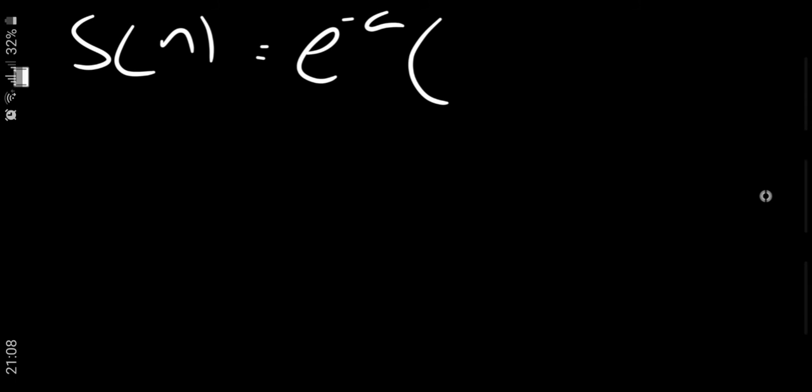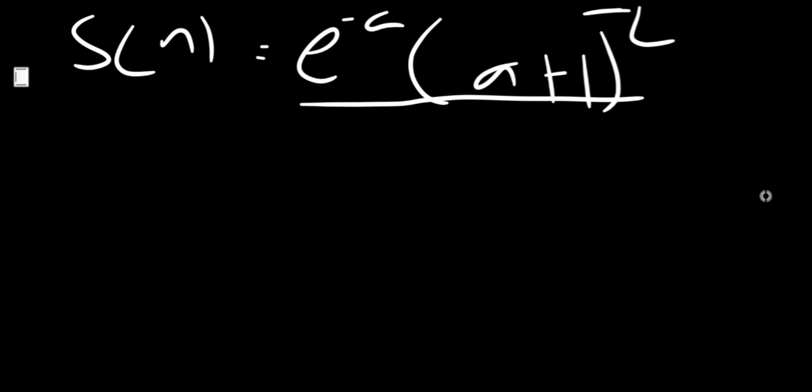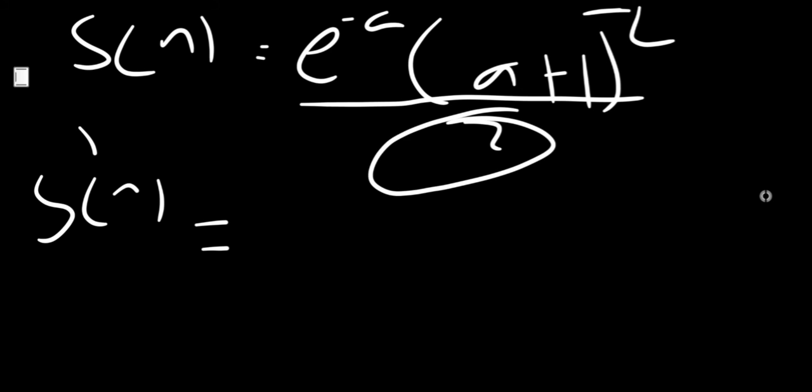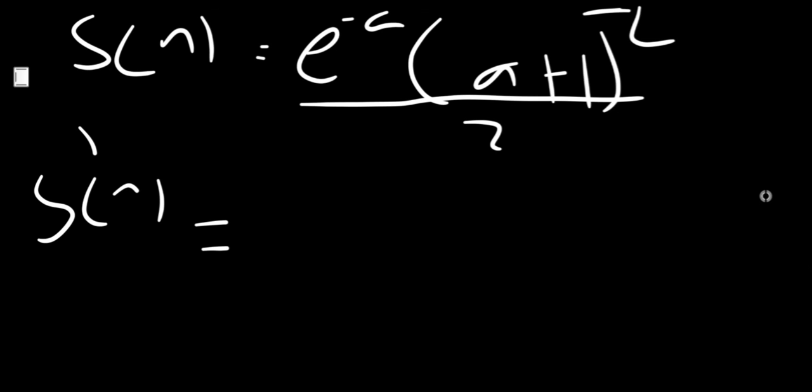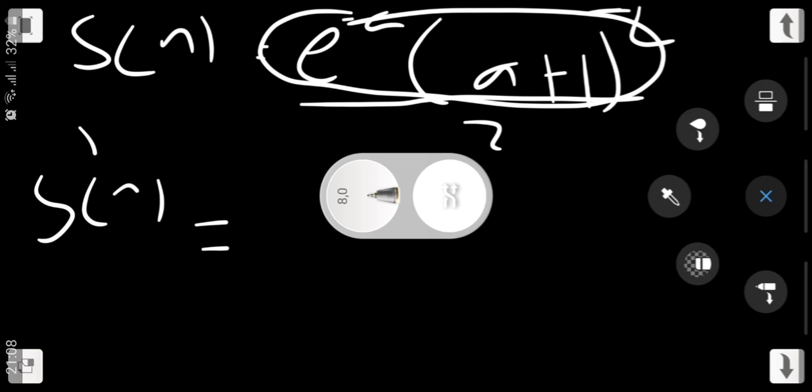s of n is equal to e to the minus a times (a plus 1) squared, divided by 2. So what is s prime of n? The 2 is a constant, so we will only divide by 2 at the end. This is the derivative of a product, right?